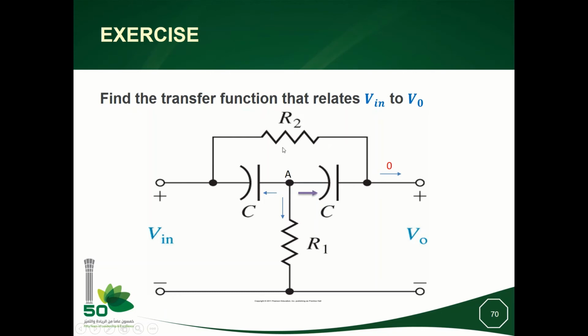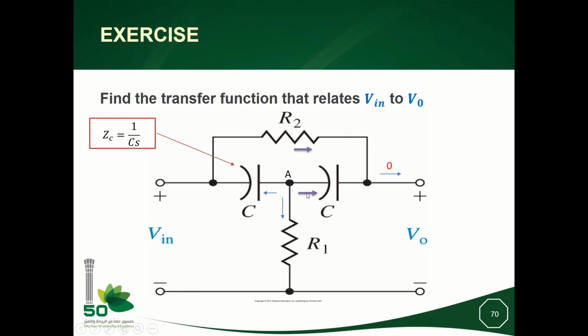If I take this sense of the current, this current and this current have the same value, but in opposite directions. So I can express this current as Vin minus V0 divided by R2.